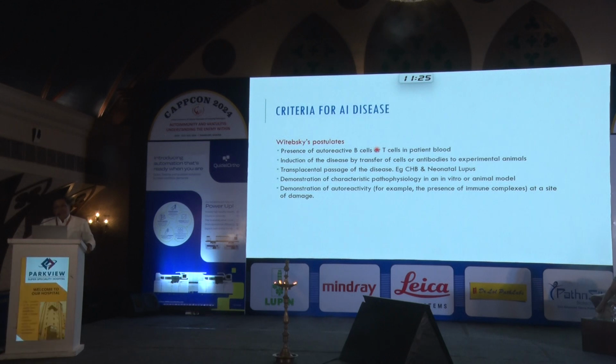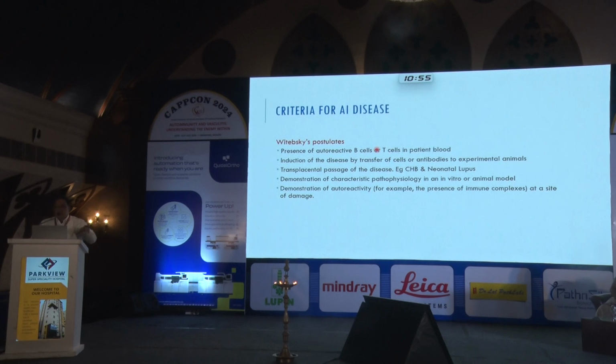But if a pregnant lady has anti-Ro and anti-La antibodies, these antibodies cross the placenta and cause congenital heart block in the neonate, because there is antigenic mimicry with the conduction system of the heart.